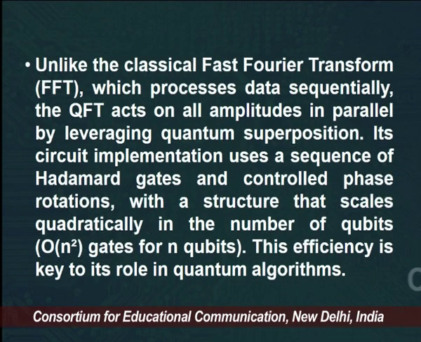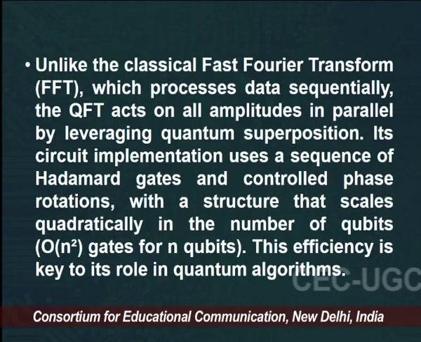So, in quantum technology, when we solve any equation, all the amplitudes are processed in parallel by leveraging the quantum superposition. Its circuit implementation uses a sequence of Hadamard gates and controlled phase rotations with a structure that scales quadratically in the number of qubits, that is O(n^2) gates for n qubits.